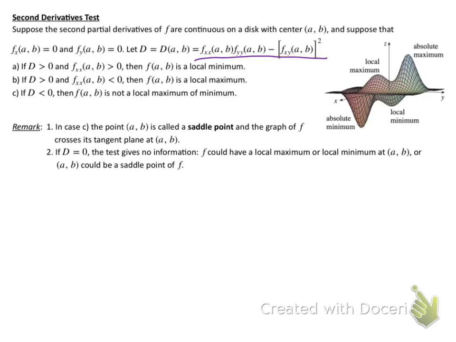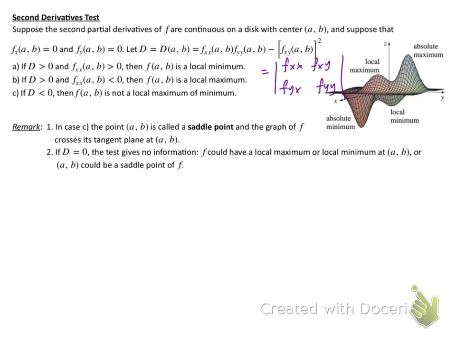There are second derivatives, D equals fxx fyy minus fxy squared. It's actually the determinant of fxx, fxy, fyx, fyy, given that they are the same. So maybe that's easier to remember. It's really a matrix, and take the determinant.